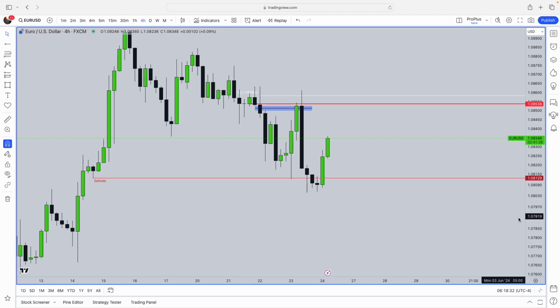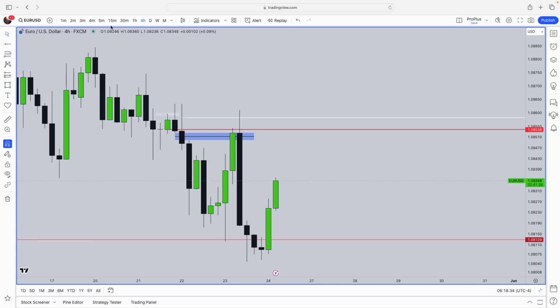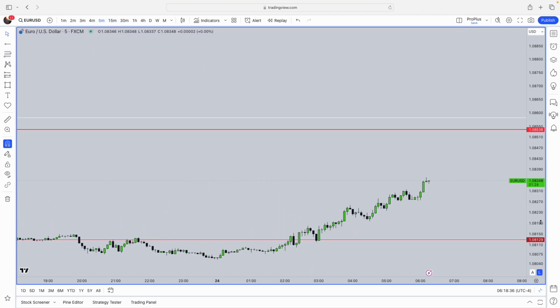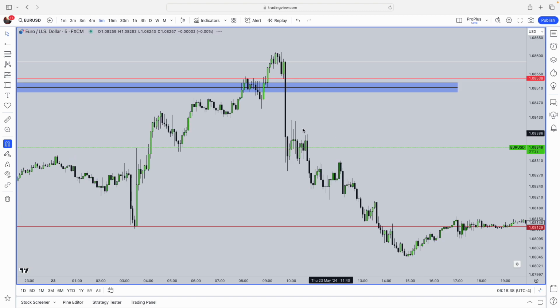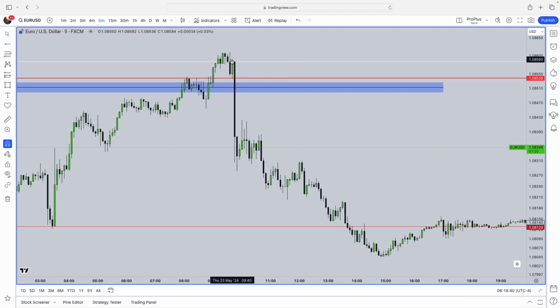So let's see if there were any entries. So looking here, this is news at 9:45. I couldn't do anything about it. Drops lower, pulls up, trading lower now.